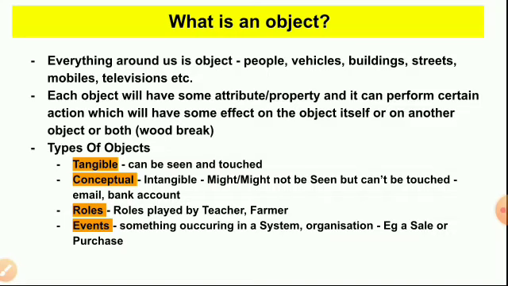Now whenever an object performs an action, that action will have some effect, at least on the object itself or on another object, or on both. So what do I mean by an object's action having some effect on another object?